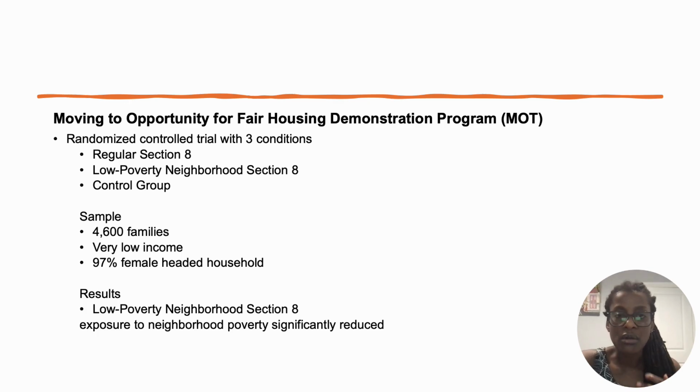So overall, some of the results from the program show that for the second condition, exposure to neighborhood poverty was significantly reduced. This is the second group that were relocated and received the voucher, and that impact remained after 15 years in comparison to the control group.